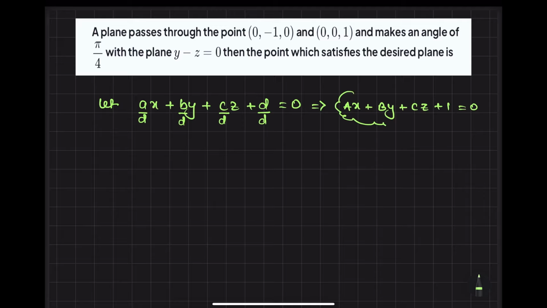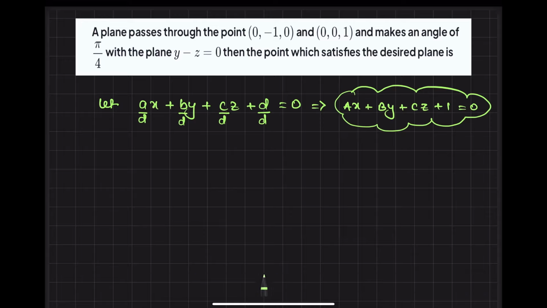Now you have to find out the values of a, b and c. Correct? So if I find out the three things, the values of a, b and c, we are done. Correct? Now let's dive into the question.